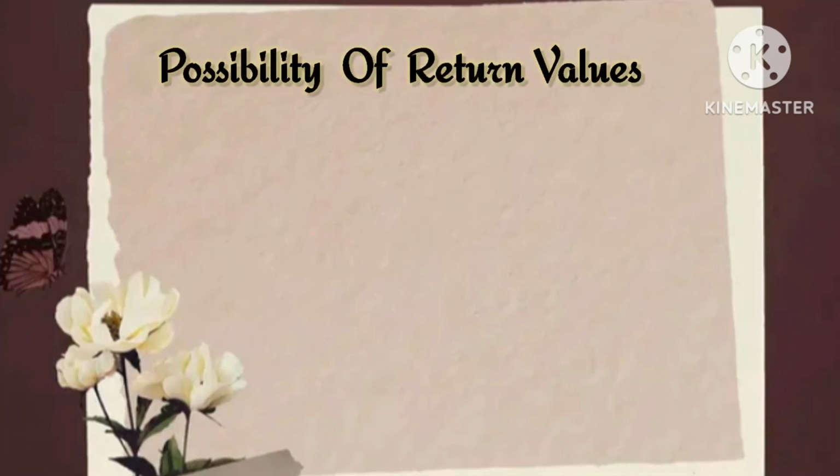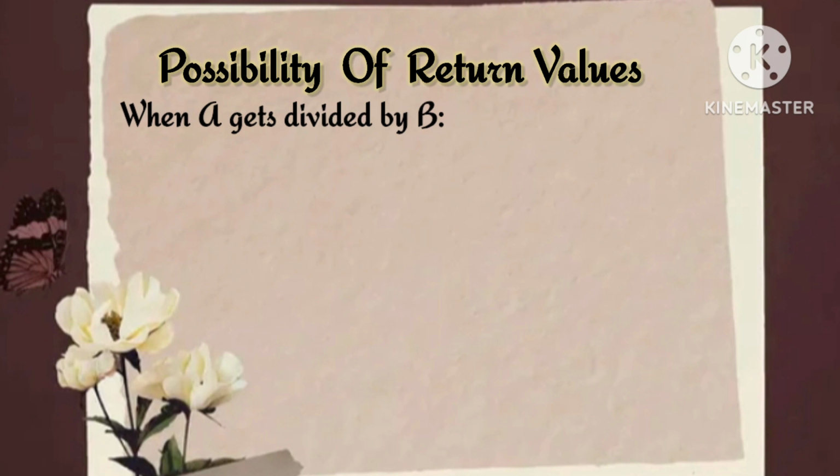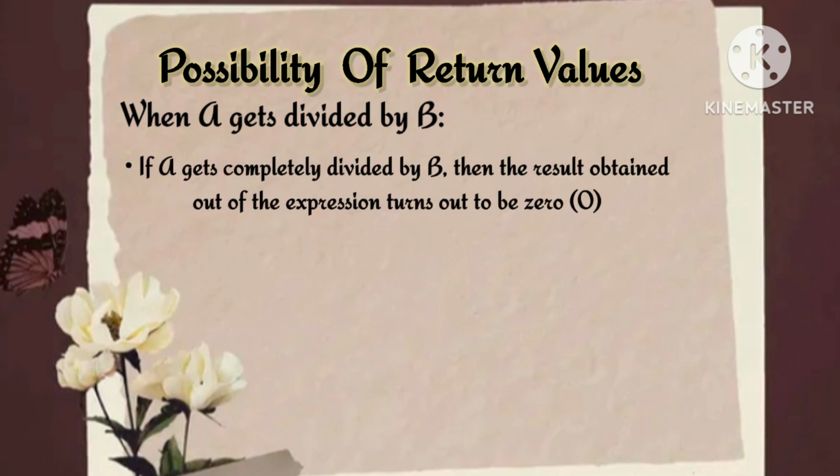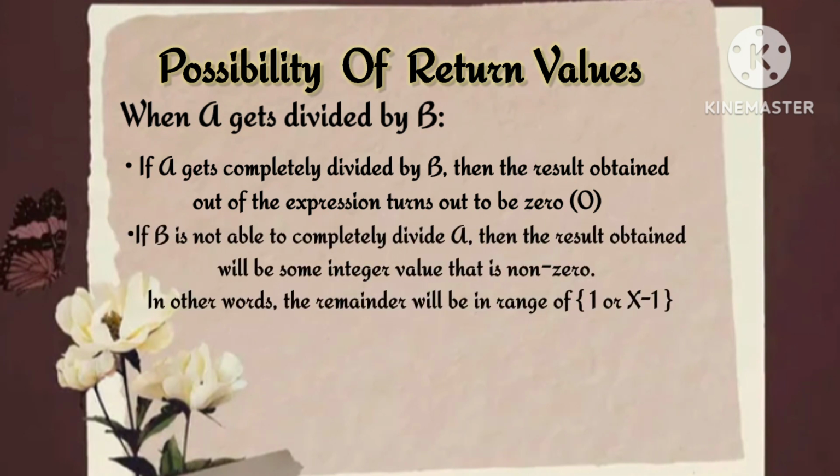I have here the possible return values when a gets divided by b. If a gets completely divided by b, then the result obtained out of the expression turns out to be 0. If b is not able to completely divide a, then the result obtained will be some non-zero integer value.